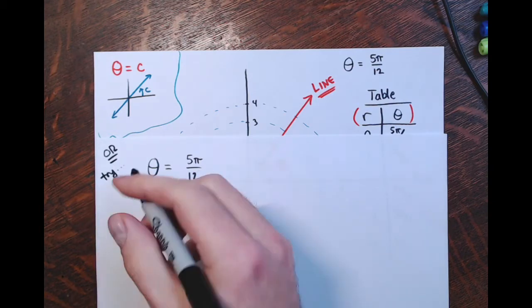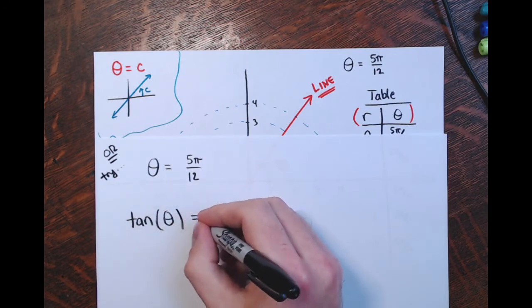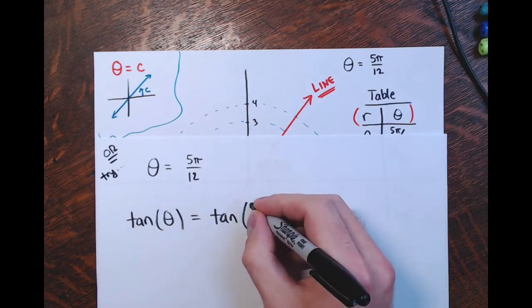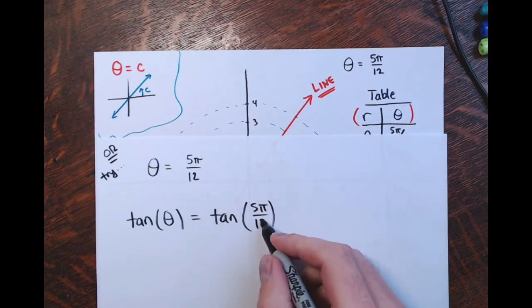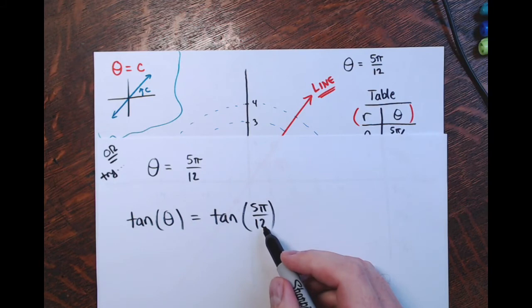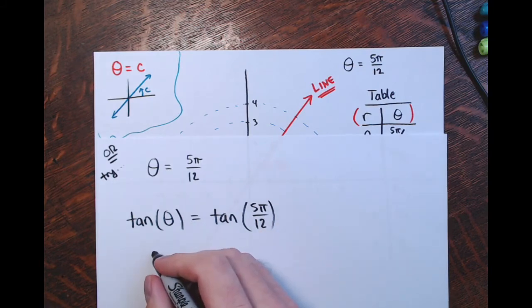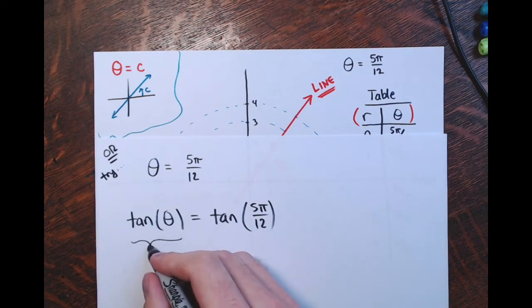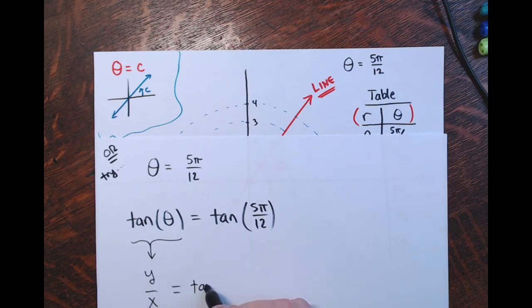So let's take the tangent of both sides. The tangent of theta would be equal to the tangent of 5π/12, which isn't a nice number. Now I could use the tangent of a sum formula to figure this out, but I'm just going to punch this in a calculator. When I convert to rectangular, remember the tangent of theta is just y over x. So y over x equals the tangent of 5π/12.